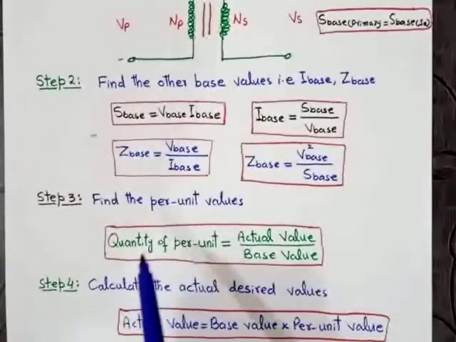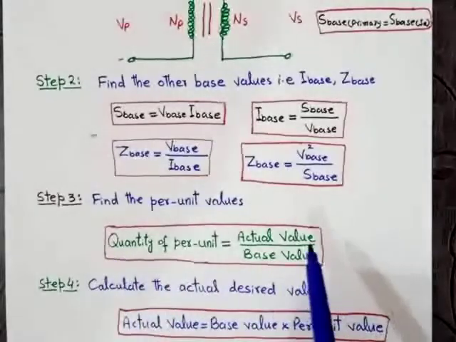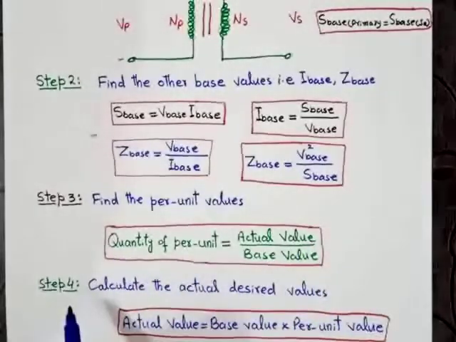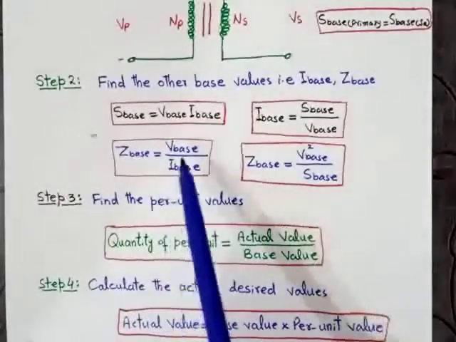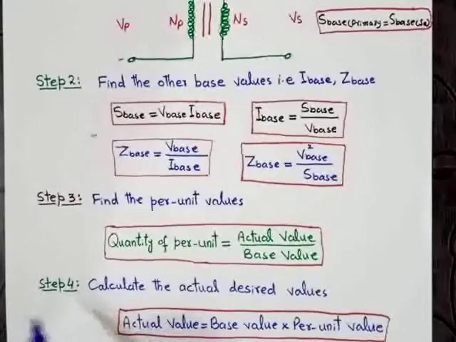This is step number 3, and now step number 4. In step number 4, we will calculate the actual desired values. In this given numerical problem, the actual desired values we will find in step number 4. After solving step number 1, step number 2 and step number 3, at the end we will solve step number 4, that is, calculate the actual desired values.